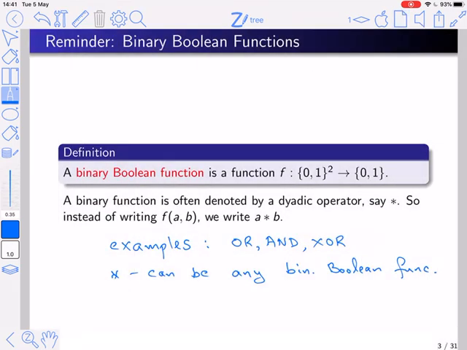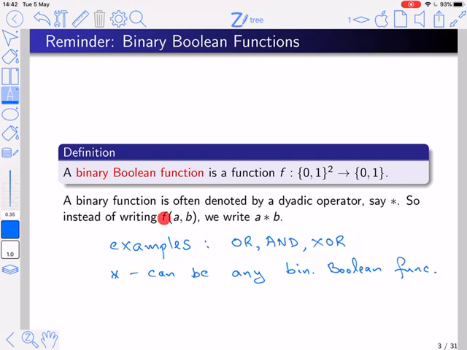Okay, let's recall. What is a binary Boolean function? A binary Boolean function is simply a function whose domain is 2 bits and the range is a single bit. And often when we have such a binary Boolean function, or a binary function in general, we denote it by a dyadic operator, say a star.